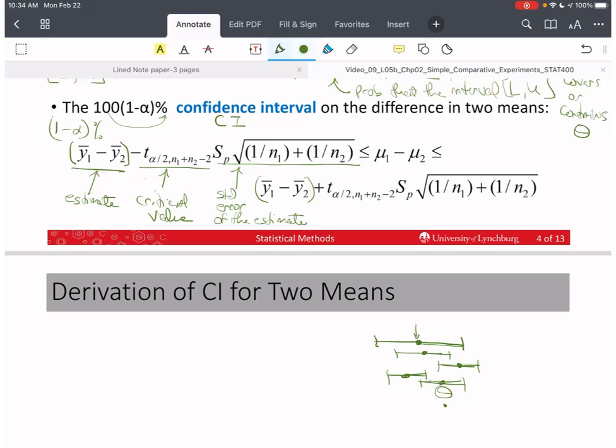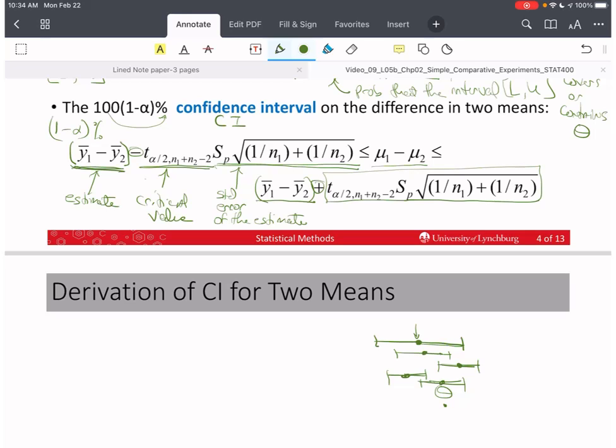So we've got our estimate minus the critical value times the standard error of the estimate, and that is our lower value. And then we have the estimate plus the same term.